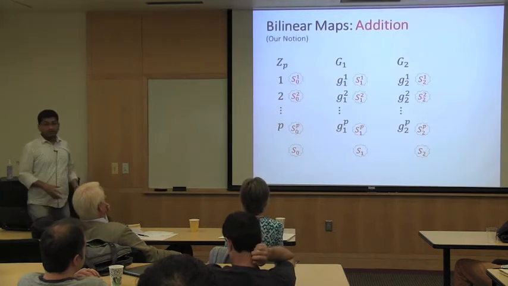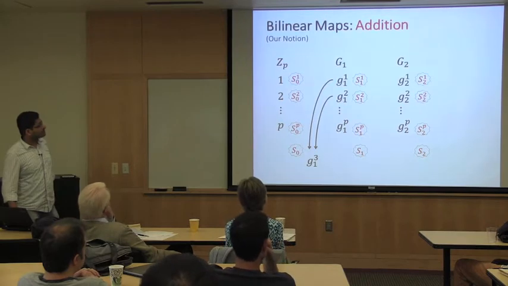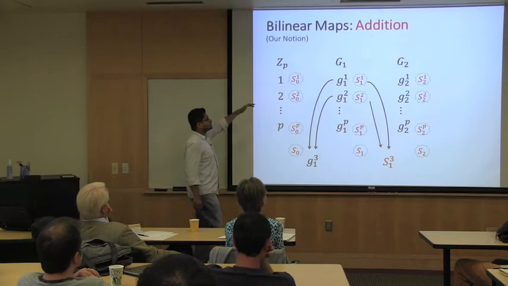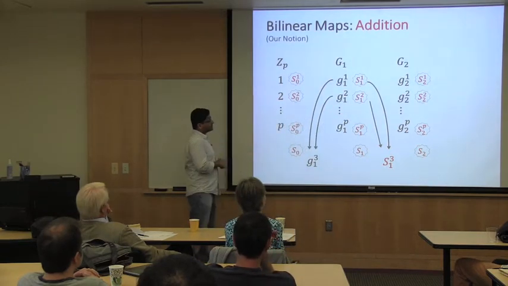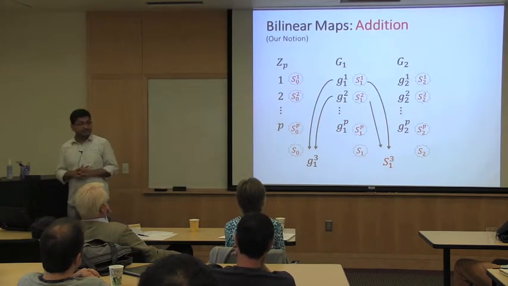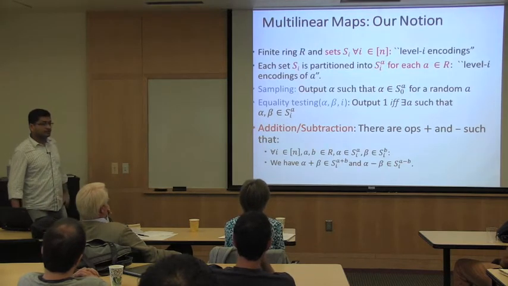Okay. So again, recall addition was easy, and in our setting, we're going to require that if you take any element from S11 and an element from S12, there be a canonical addition operator such that on addition of any of these elements, you get an element in S1. Similarly, you can define subtraction, and it can be done at any level.